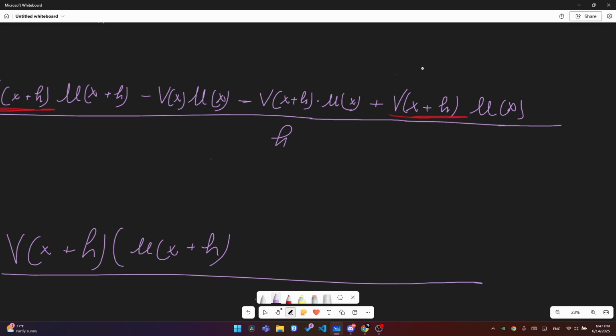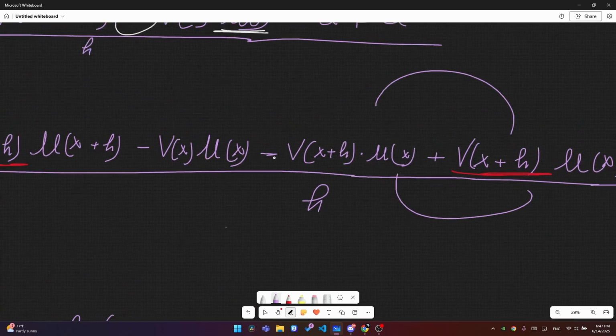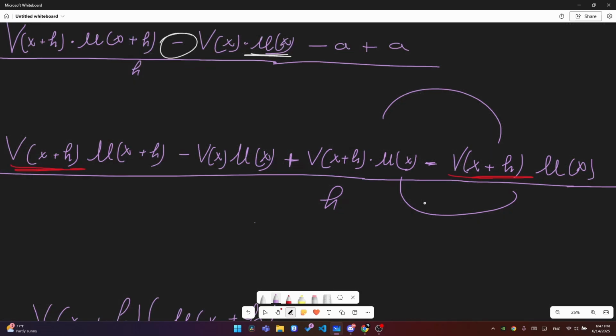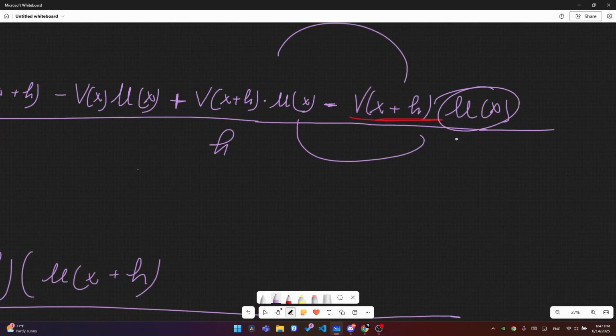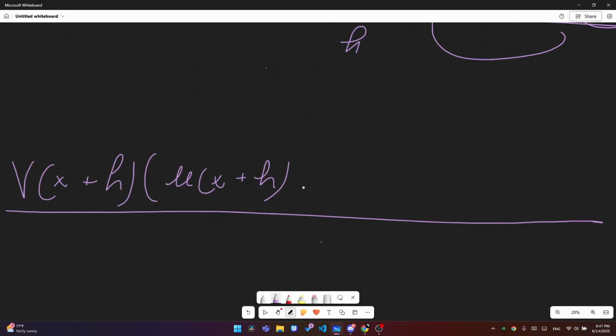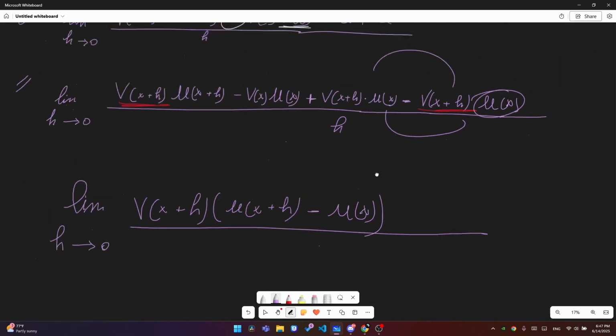Another thing I can do is flip these two together. It would be better if I flipped these, so this would be positive right here. I'm going to get rid of this sign and switch that to a negative, which is exactly the same thing, so that we get this negative u of x. So negative u of x, and we close that parenthesis right here.